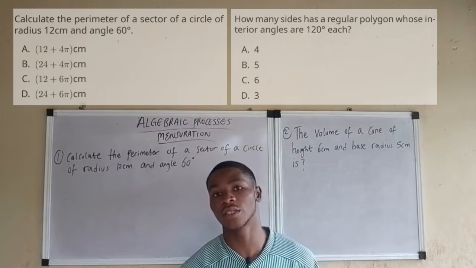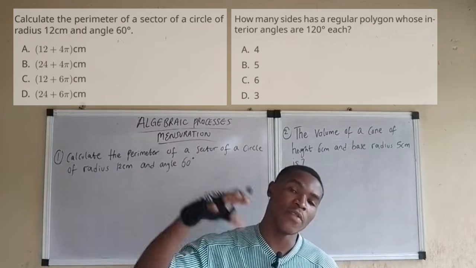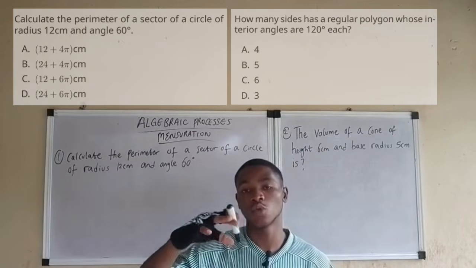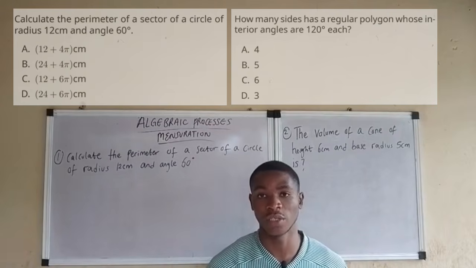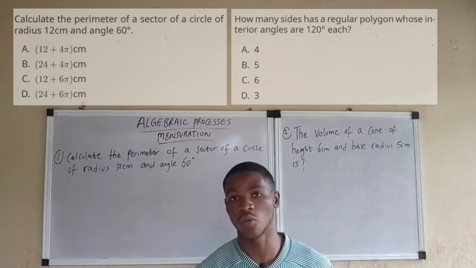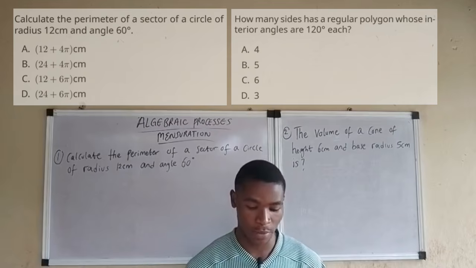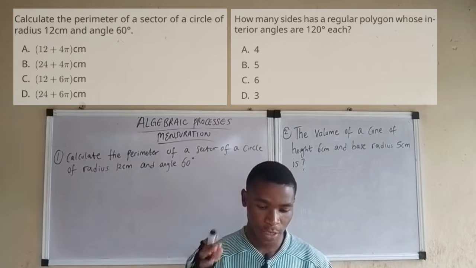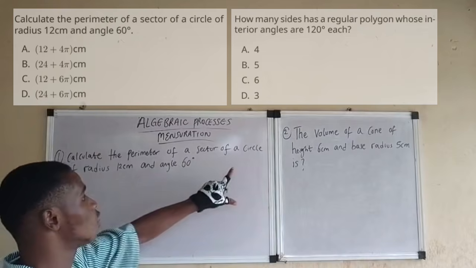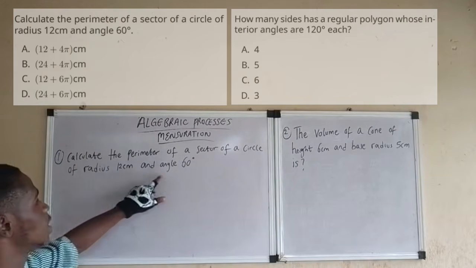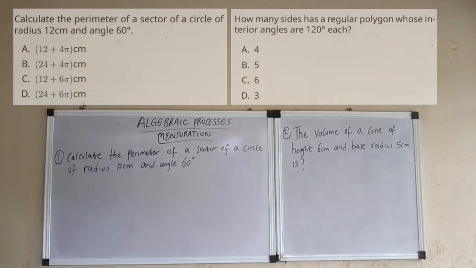And in such a case, you add the area of a circle, all right, twice to the value of the CSA of the cylinder. Do you understand? So that is the way it works. So do well to study those formulas. Now, let's look at this question. This question says we should calculate the perimeter of a sector of a circle of radius 12 centimeter and angle 60 degrees.